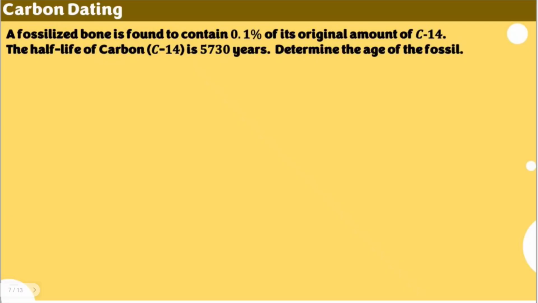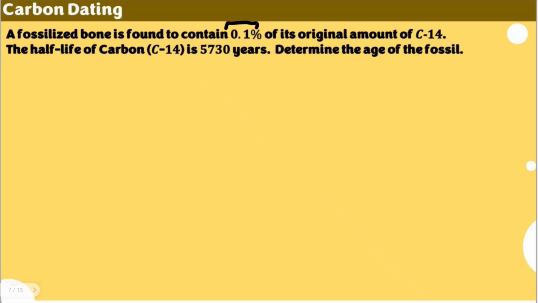So this is still on carbon dating because that bone is found to contain only 0.1% of the original amount of the carbon. That means it disintegrated, or it reached that specific amount from your initial amount.